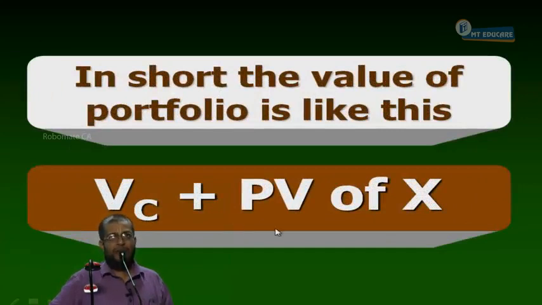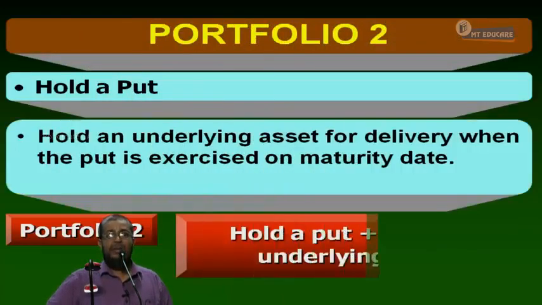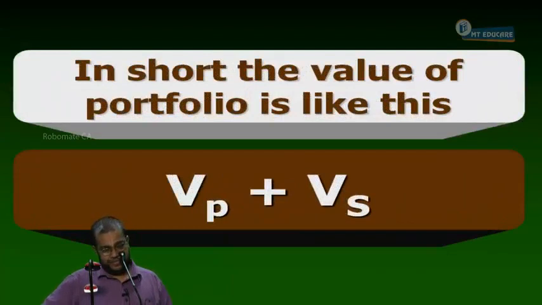VC plus PV of X. The call value is its price and the deposit value is PV of X. Second branch, the value of this portfolio today is VP plus VS. Everybody understood or not? Now, next, point A or B? B.